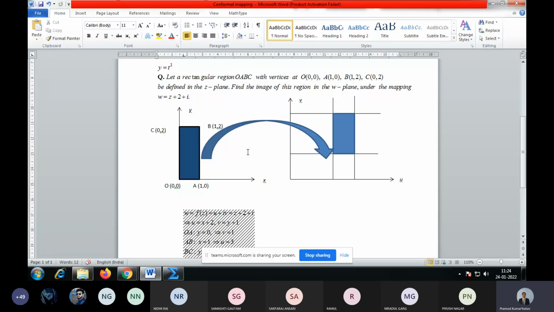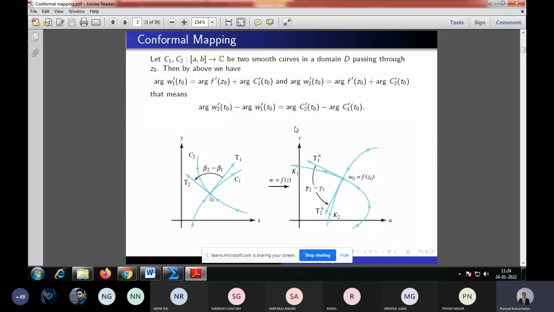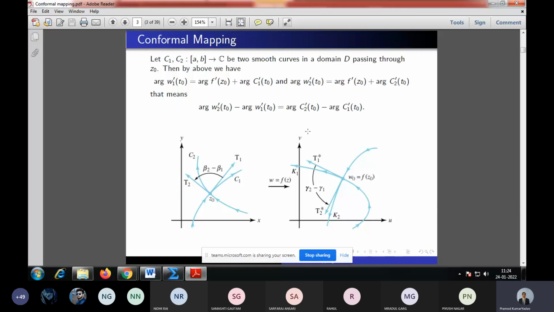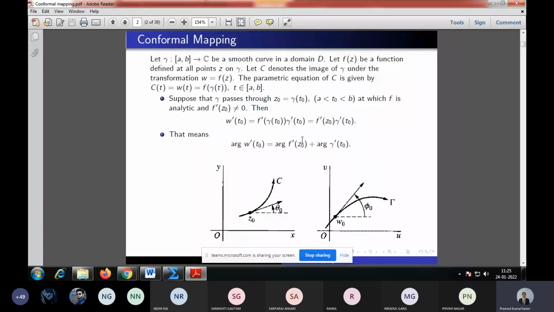Now we are reading the conformal transformation, that is conformal mapping. So now I'm coming to the main point. This mapping, I have already discussed these things. I stopped at this point.